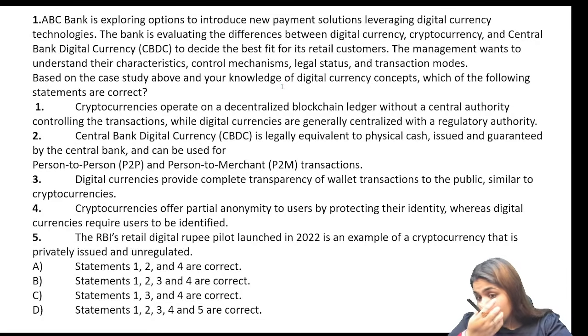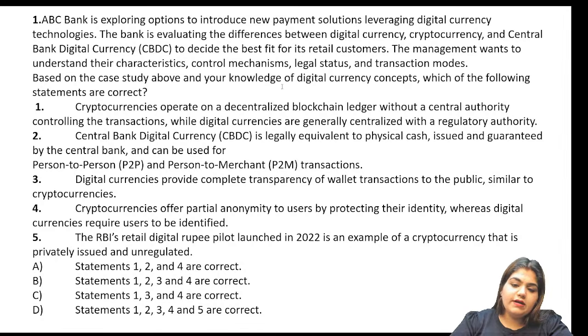Statement number 1 is correct, statement number 2 is correct, statement number 3 is not correct. Digital currency does not provide transparency of wallet transactions to the public. It is confidential. Statement number 4 is correct. Statement number 5 is again incorrect.